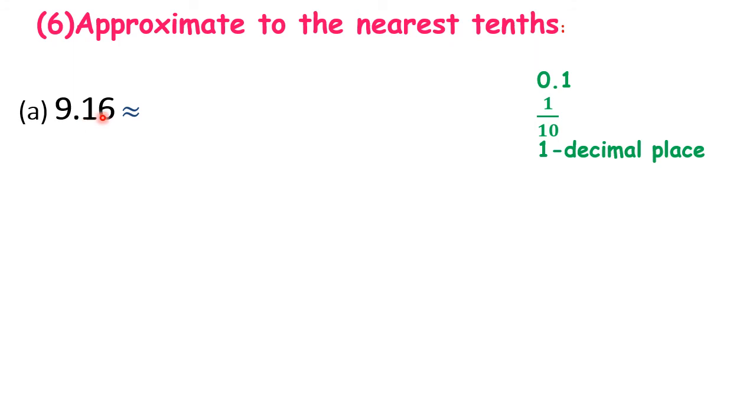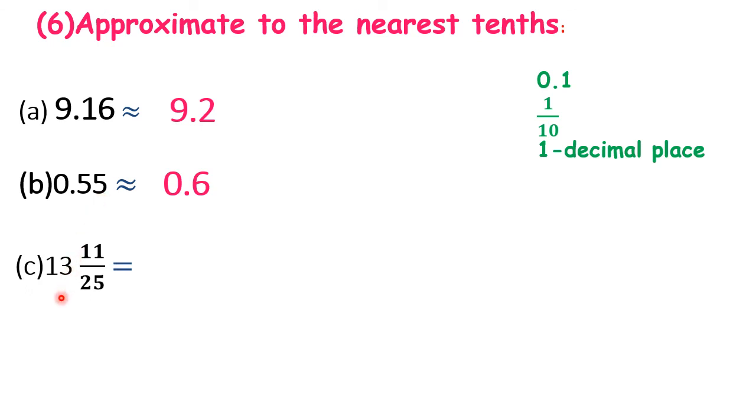Put line in tenths and look at the number before. Number before 6 is a strong number. Give me 1, please. 1 plus 1 equals what? Equals 2. And 6, good boy. B, 0.55. Put line in 5 and look at the number before. 5 strong number. Give me 1. 5 plus 1, 6. 0.6. And 5, good boy.